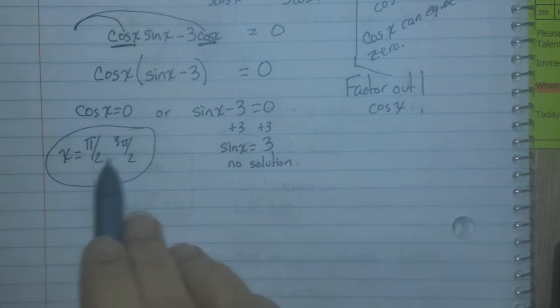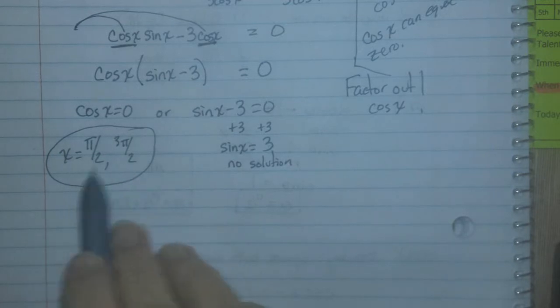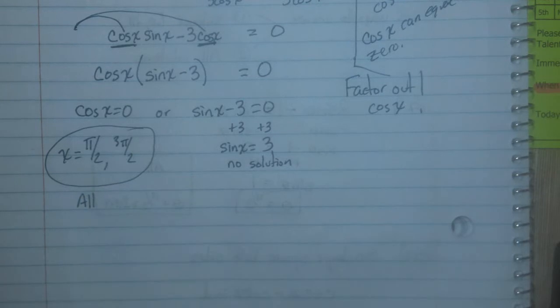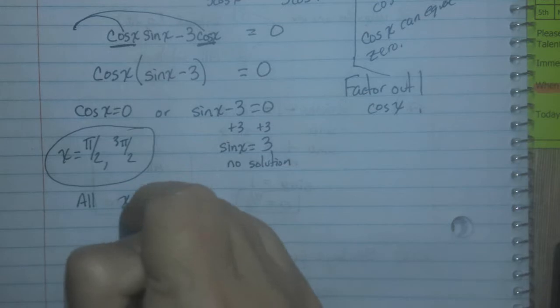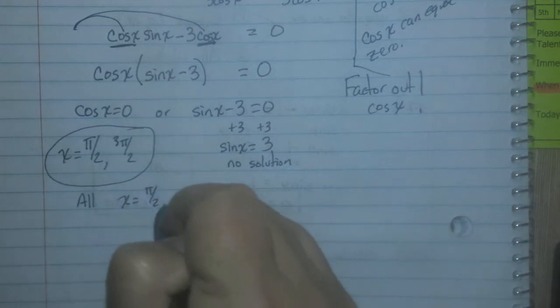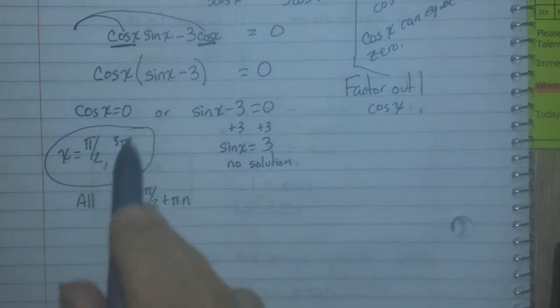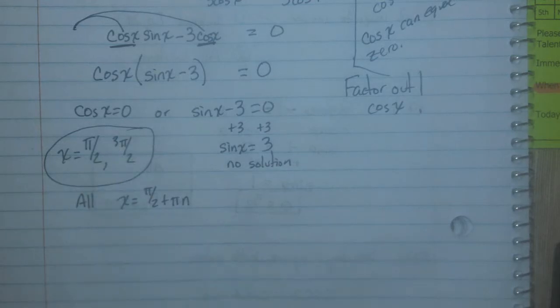Now, these are my specific answers in the interval 0 to 2 pi. If I wanted all of my solutions, the most succinct way to write this would be x equals pi over 2 plus pi n. Right? Because if you go around pi, you'll be at 3 pi over 2.